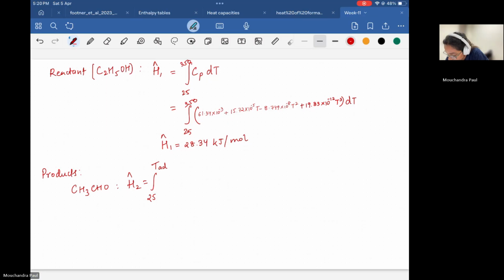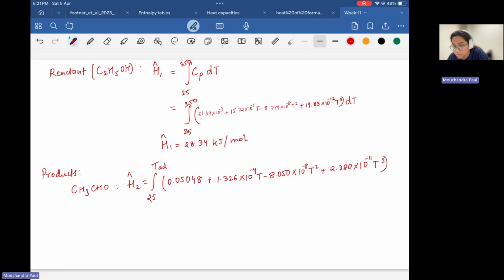So Cp is 0.05048 plus 1.326 into 10 to the power minus 4 T, minus 8.050 into 10 to the power minus 8 T square, and 2.380 into 10 to the power minus 11 T cube dT.